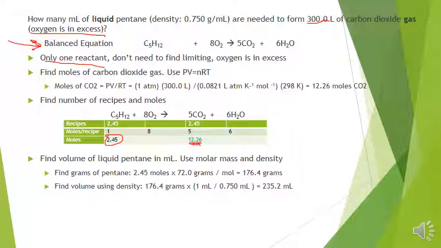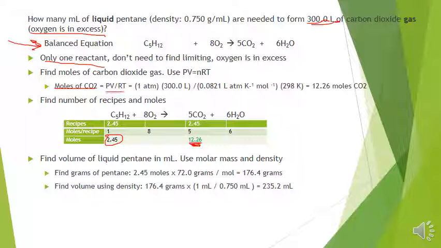So when you're only given one thing, and usually, whenever you're given product, you'll be given just one of the things. So you're given that we produce 300 liters of carbon dioxide, and this is at 1 atmosphere, 298 Kelvin. Okay, so we want to figure out how many moles of carbon dioxide that is.